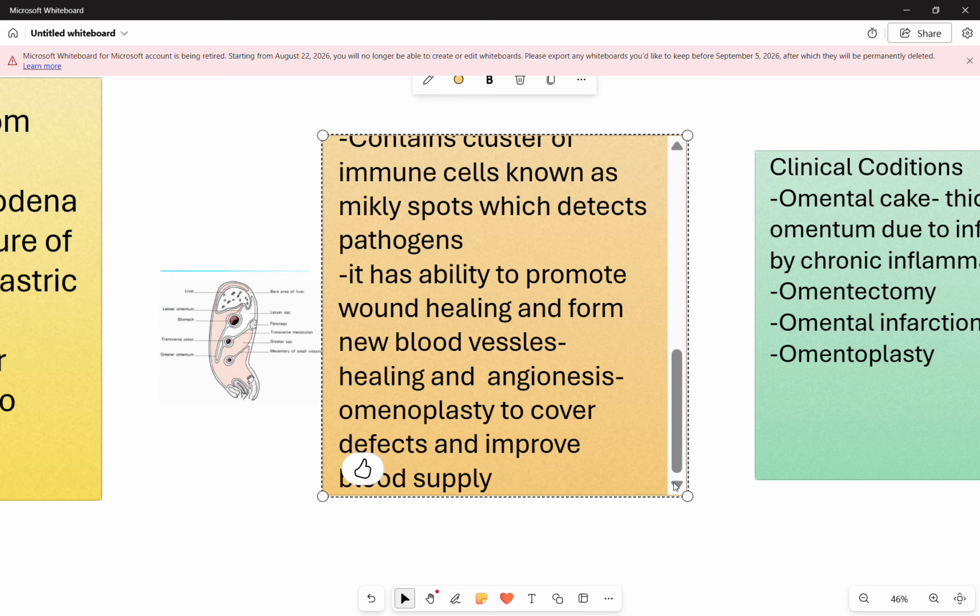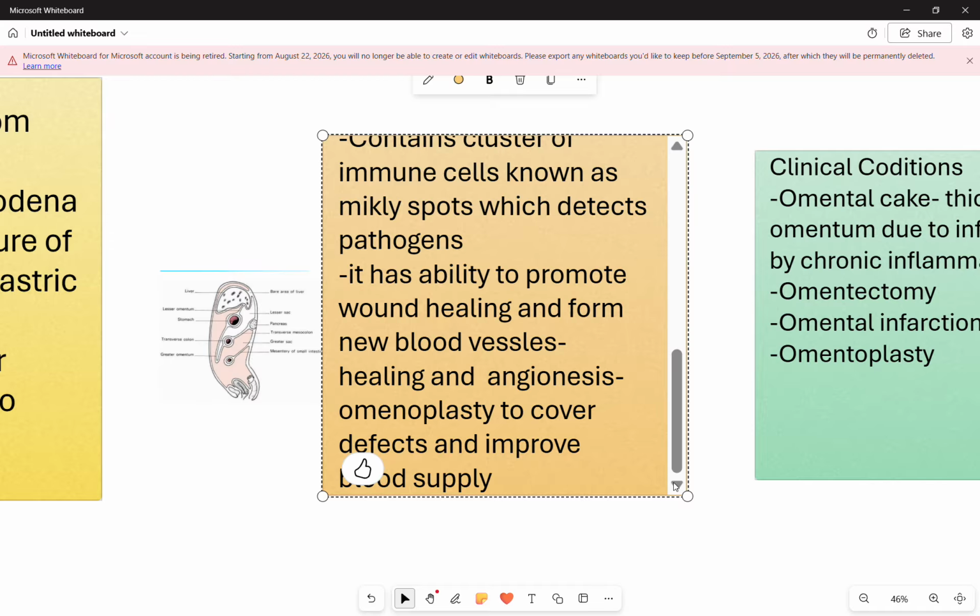Now, being a good, efficient policeman, the omentum will go into the right iliac fossa and wrap itself around the appendix and try to control the damage. So it localizes the infection and prevents it spreading into the rest of the abdomen.